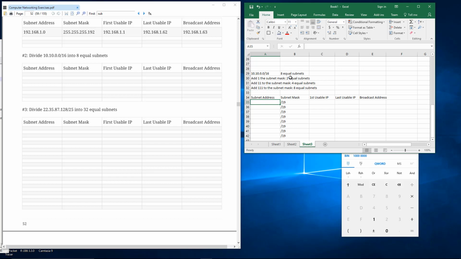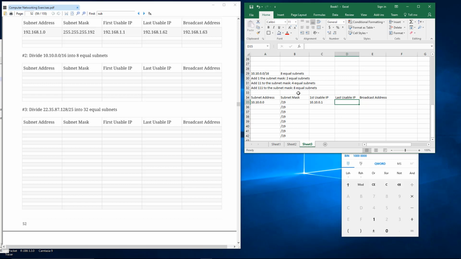This is going to be trickier to calculate, but it'll be fun. 10.10.0.0. We're just going to start in the same place. First usable IP, it's just the subnet address plus 1. 10.10.0.1.